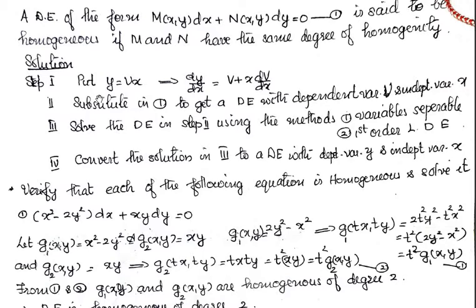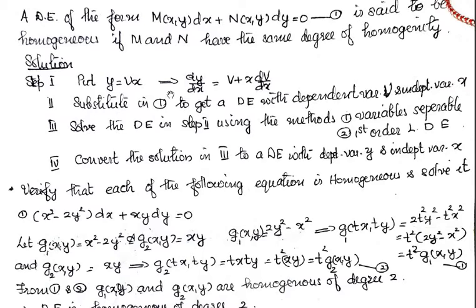So step 1, we must give a substitution y equal to vx, where v is a function of x. Differentiating with respect to x, dy by dx is first function v into derivative of x, 1, plus x into dv by dx.